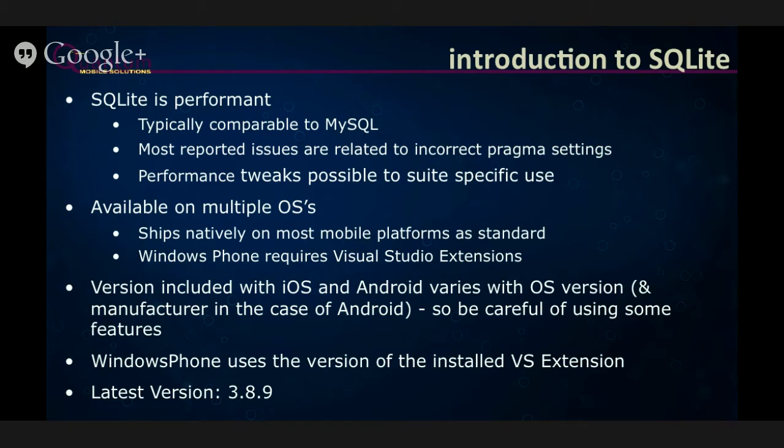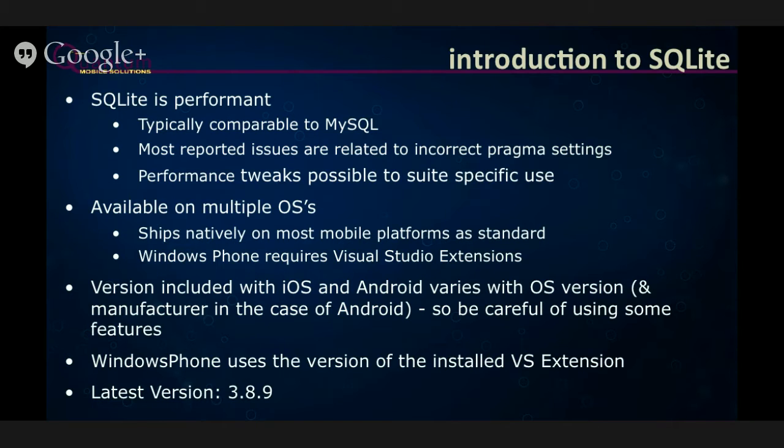One issue this does create, though, is that the version of SQLite can differ between platforms. With iOS, it tends to be related to each OS version, though they tend not to change it that often. They change it every two or three OS releases. Android, on the other hand, like a lot of other things, is the Wild West.